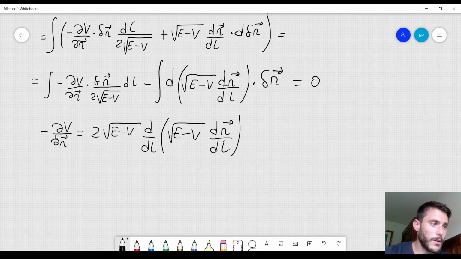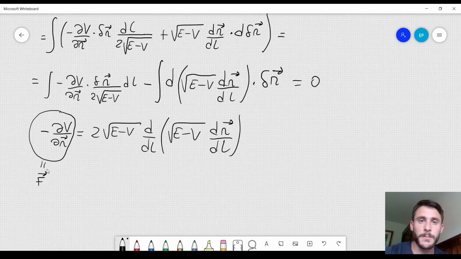And now we can rewrite the gradient of the potential energy with a minus sign as a force. This is the force acting on the particle by definition. And then here on the right hand side I can take this derivative.